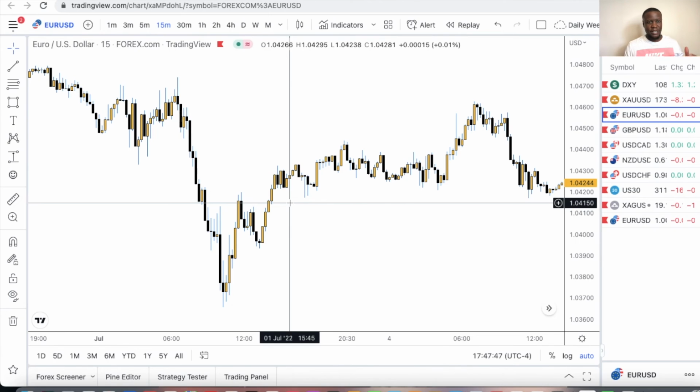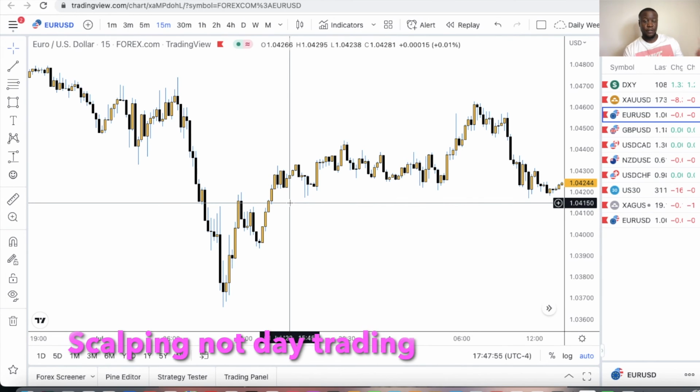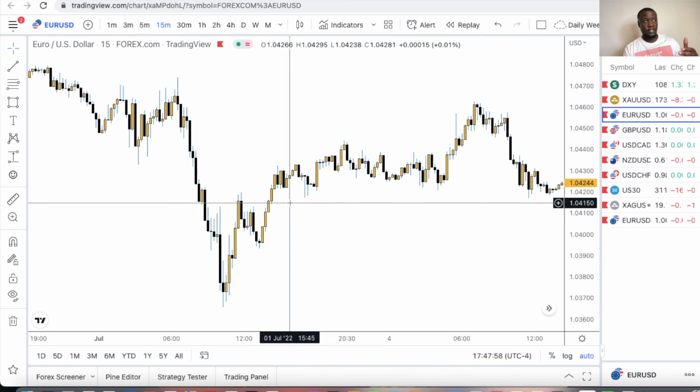And if you like to see that profit come in quickly over a couple of hours or a couple of minutes, then day trading is something for you. And if you like to be more laid back and wait for the perfect setup, and you're able to hold trades for a long period of time, then swing trading will be the way to go.